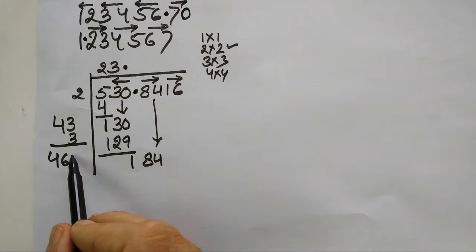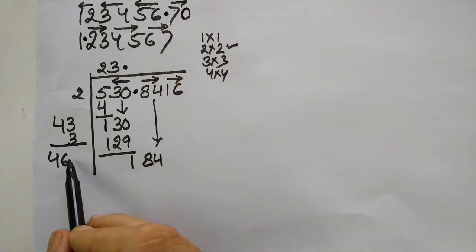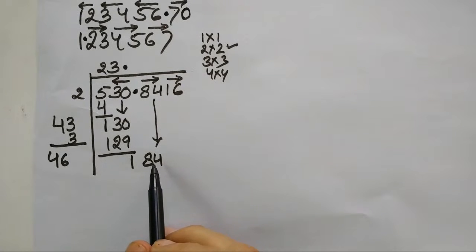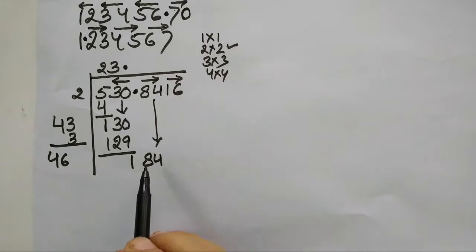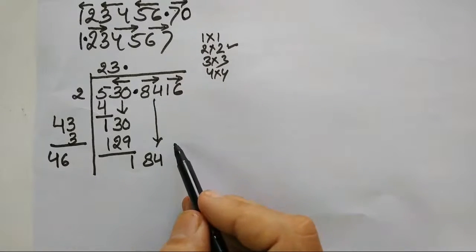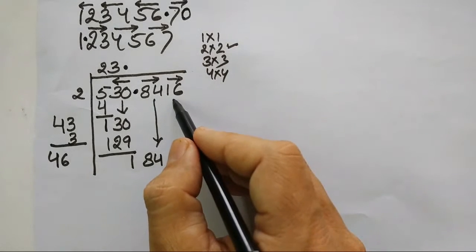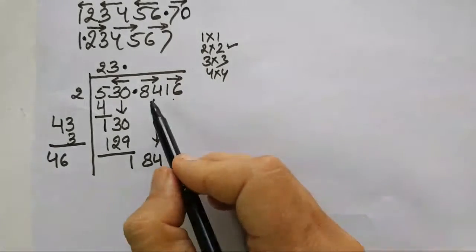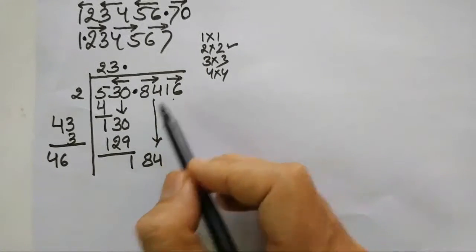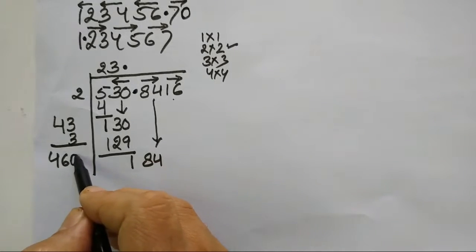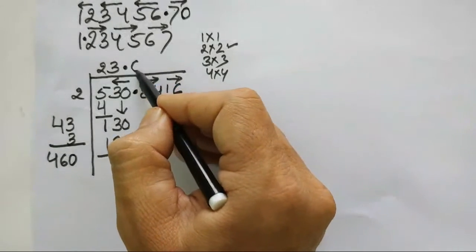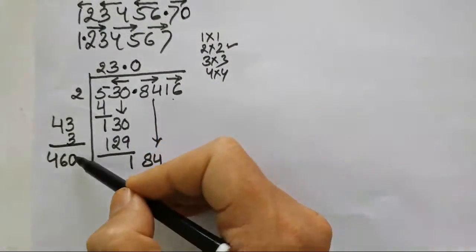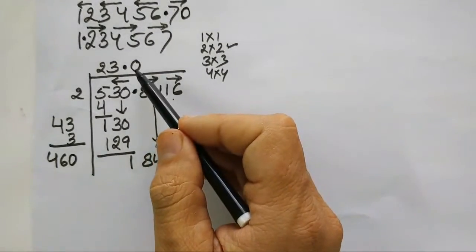If I put 2 here, it will become 462, which is bigger than 184. This is an important step. Now what we will do, we need one more number, and in square root we bring a pair. We don't bring one number, we bring a pair. So when you are using two pairs together, we have to write 0 here and we have to write 0 here. So here also and here also you will write 0.